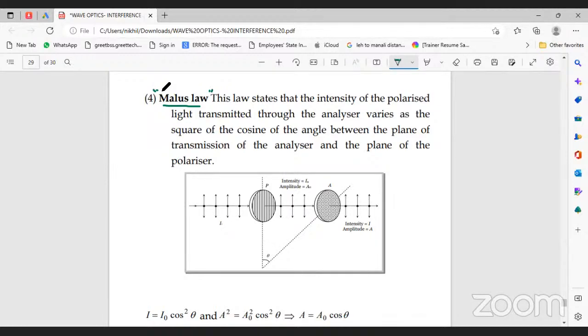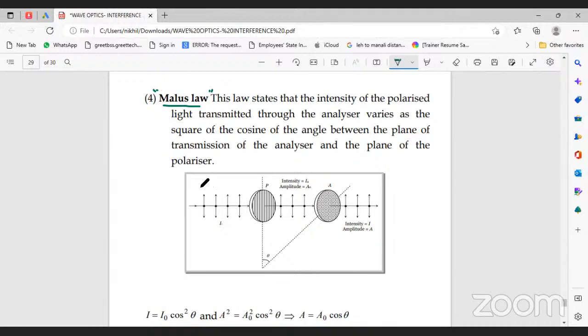If you are converting unpolarized light into polarized light, how much intensity is converted? We cannot convert 100% of unpolarized light into a polarized one. So how much intensity is going to be obtained is given by Malus law.